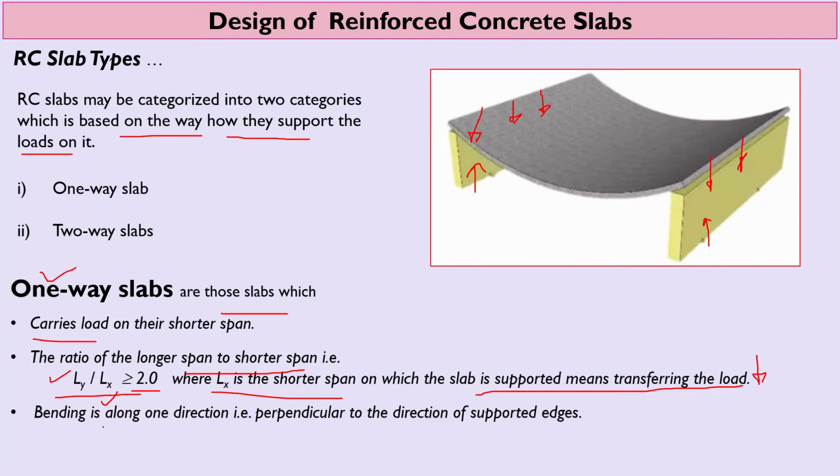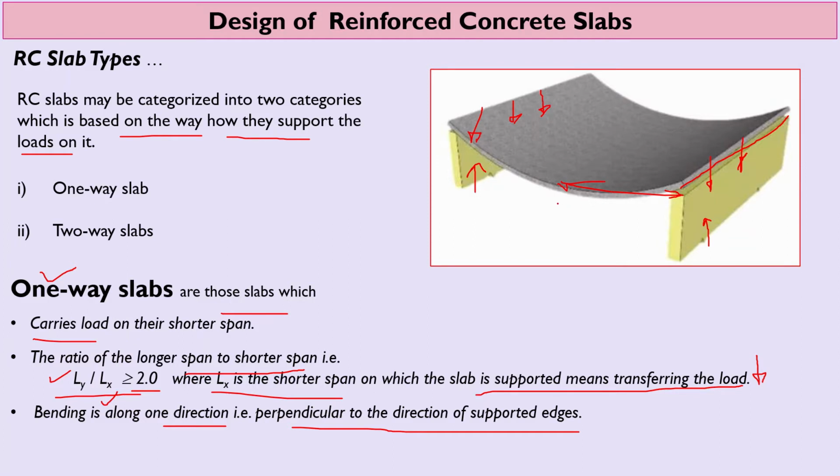Now if we take bending, the bending will be along one direction, particularly perpendicular to the direction of the supported edge. These are the supported edges, and this direction is perpendicular to the supported edge. So bending will be predominantly along this direction.